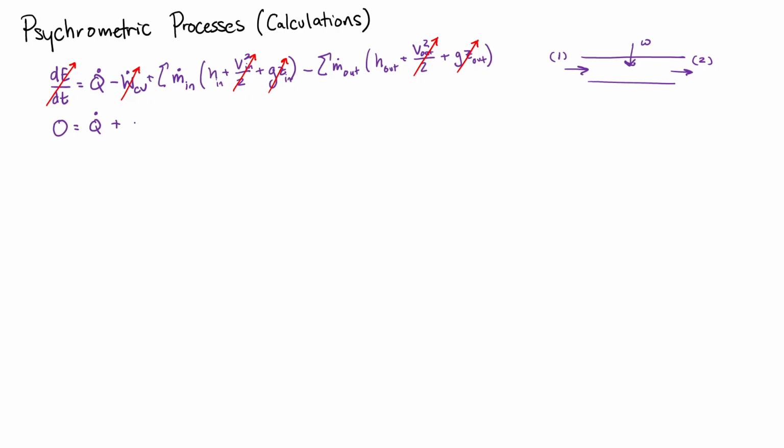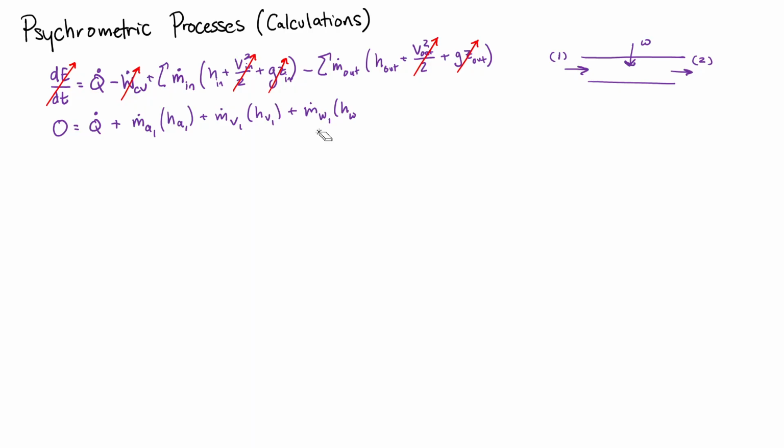I have my mass flow rate of air in times the enthalpy of my air in, plus the mass flow rate of my vapor in times the enthalpy of my vapor in, plus the mass flow rate of any water in times the enthalpy of my water in.